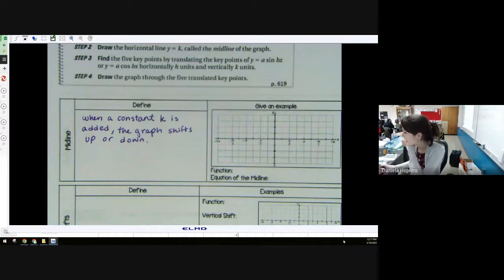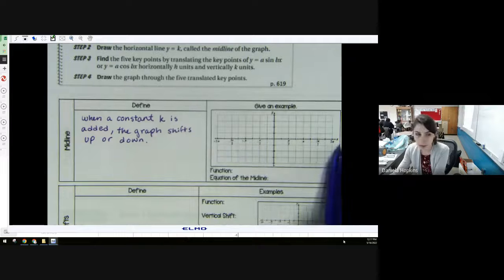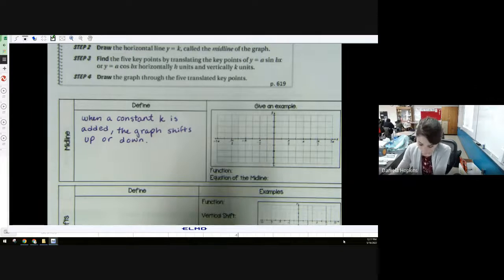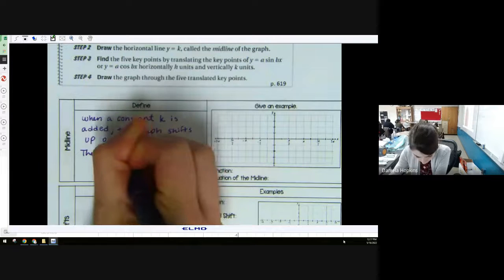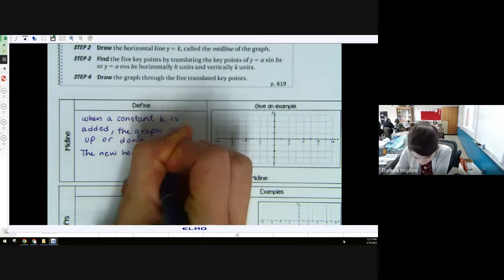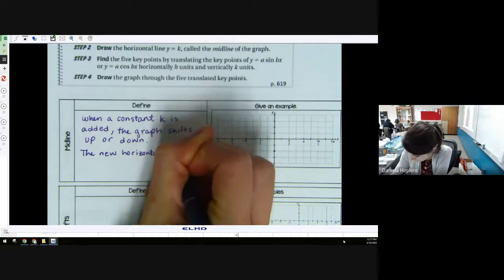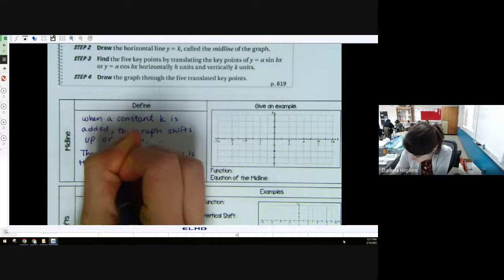Since we're working with a sine and a cosine, they're in this nice wave. Instead of moving the whole graph, we can think of moving this midline or this x-axis, and then we just follow that. So we can say the new horizontal axis is the midline.